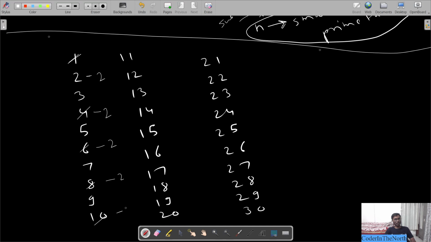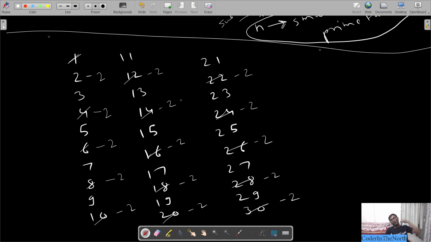For 10, it's 2. For 12, 14, 16, 18, 20, 22, 24, 26, 28, and even 30, we have 2 as the smallest prime factor for all those numbers.